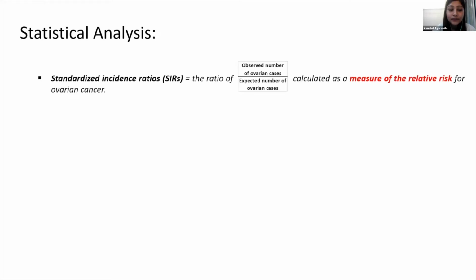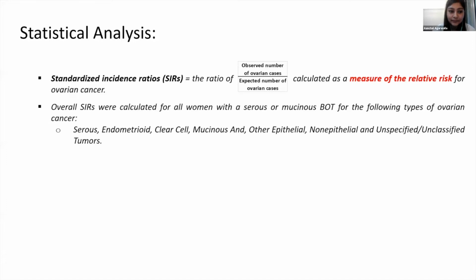Statistical analysis was done by calculating the standardized incidence ratio, which was a ratio of the observed number of ovarian cancer cases upon the expected number of ovarian cancer cases. And this was a measure of relative risk for ovarian cancer.